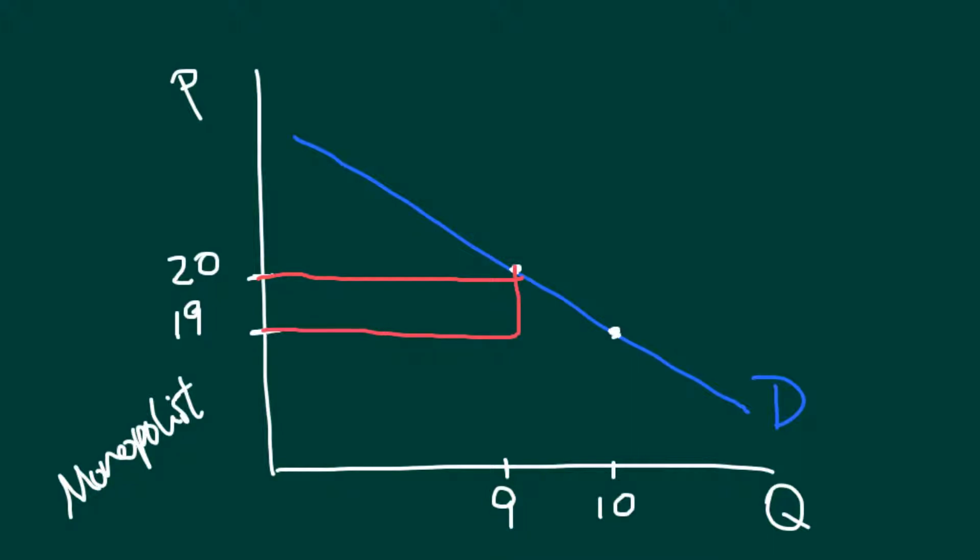Now, if they do so, what is the significance of this little rectangle I've drawn here? What it shows you is that for each of the 9 tickets they used to be able to sell at $20, they're now going to sell them for $19. So they have lost $1 on every one of those 9 ticket sales. Why would they be willing to do that?